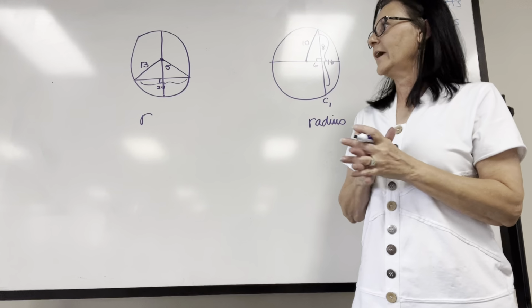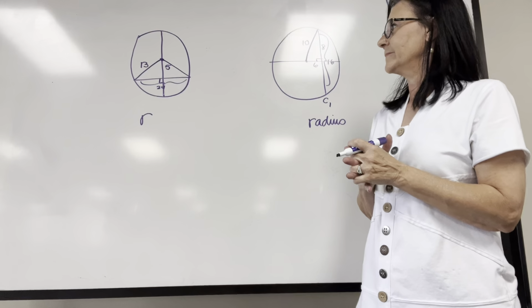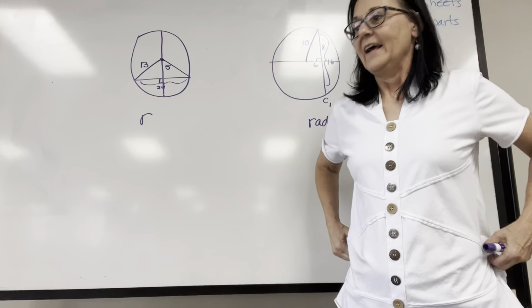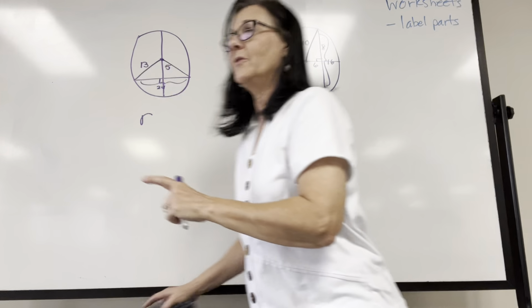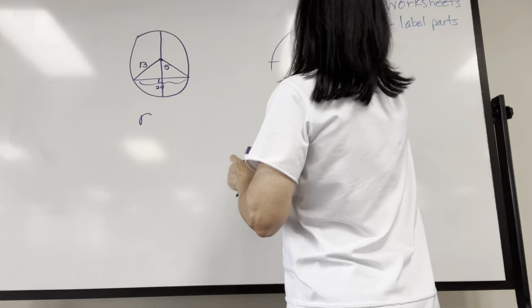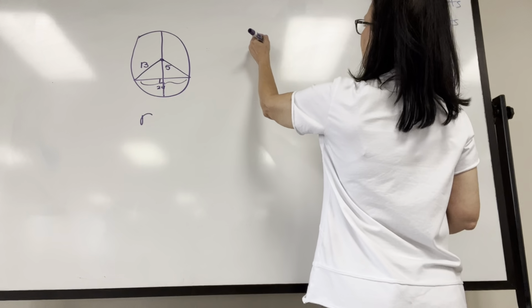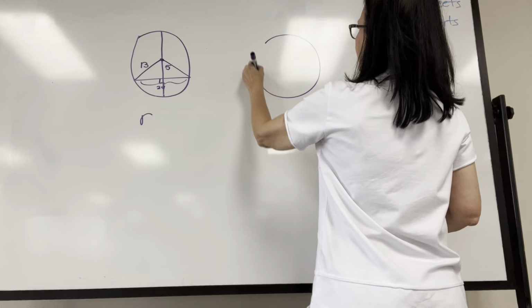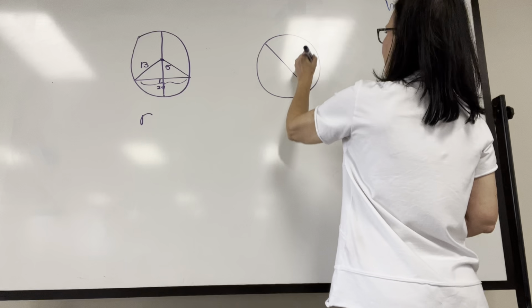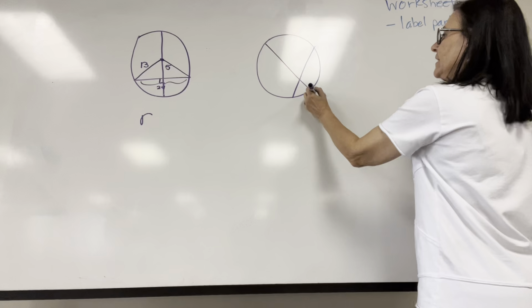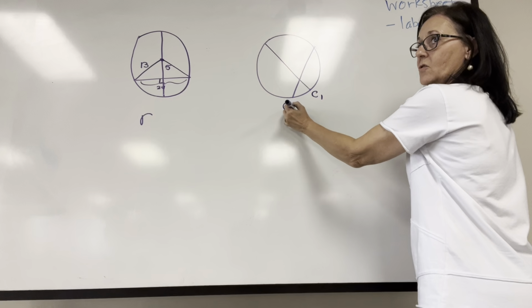Okay, could you also calculate the area? Sure you could. Okay, there's something else that is true. When chords intersect, this is what's not in your textbook. When chords intersect, it doesn't matter where they intersect. So you see I have, this is chord 1, this is chord 2.